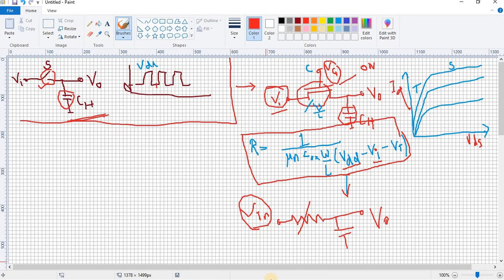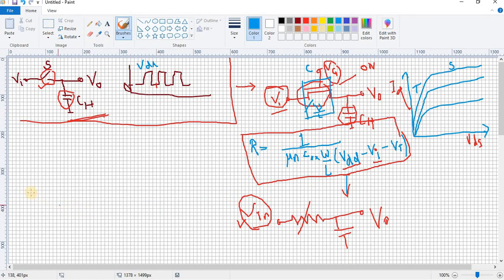From this analysis, can we comment on the input voltage or the boundary conditions? What should be the minimum or maximum input voltage, basically the boundary input voltages, for which this particular MOSFET will work effectively and give the required results, right?